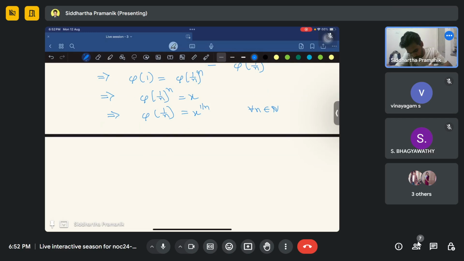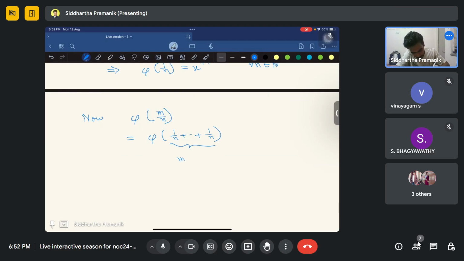So what about any rational number? Let's say phi of m by n. So this is the same as phi of 1 by n, adding it m times. So this is equal to phi of 1 by n power m.